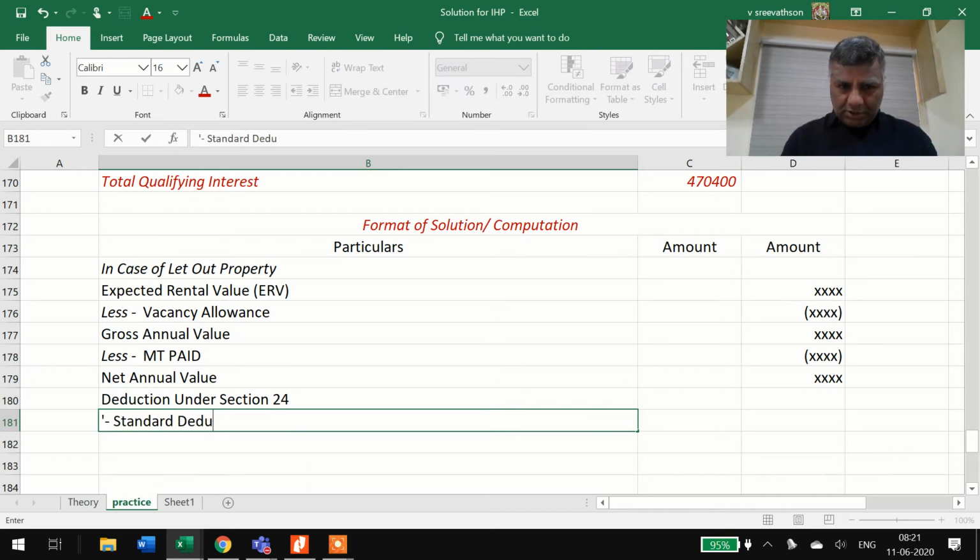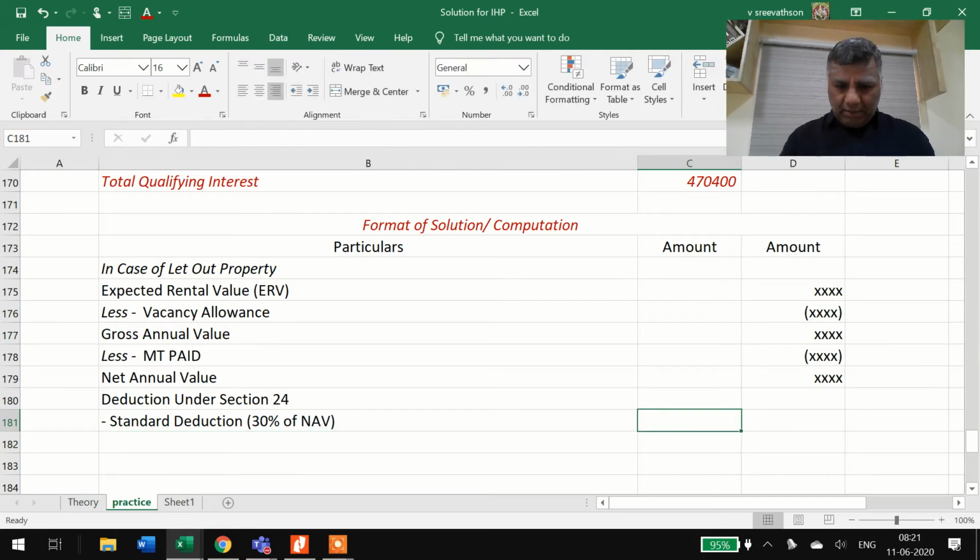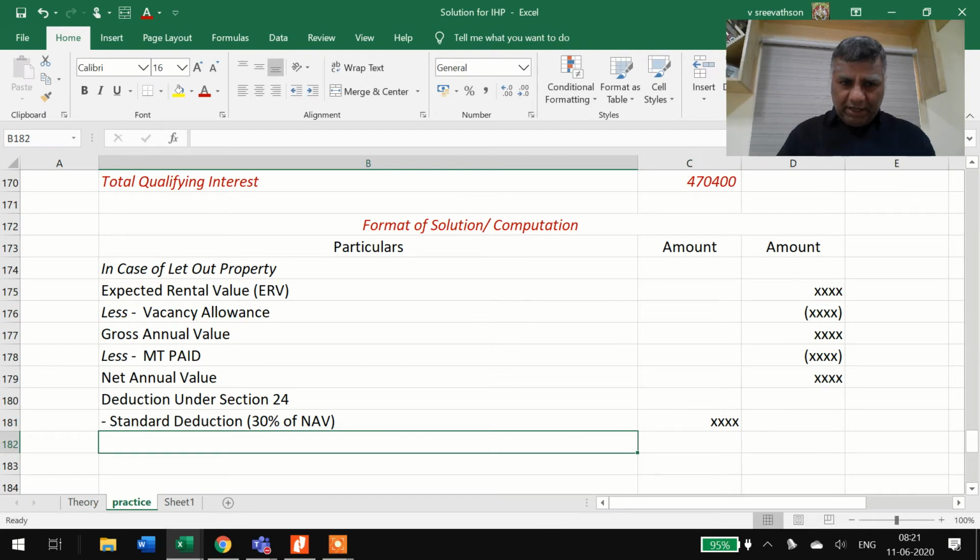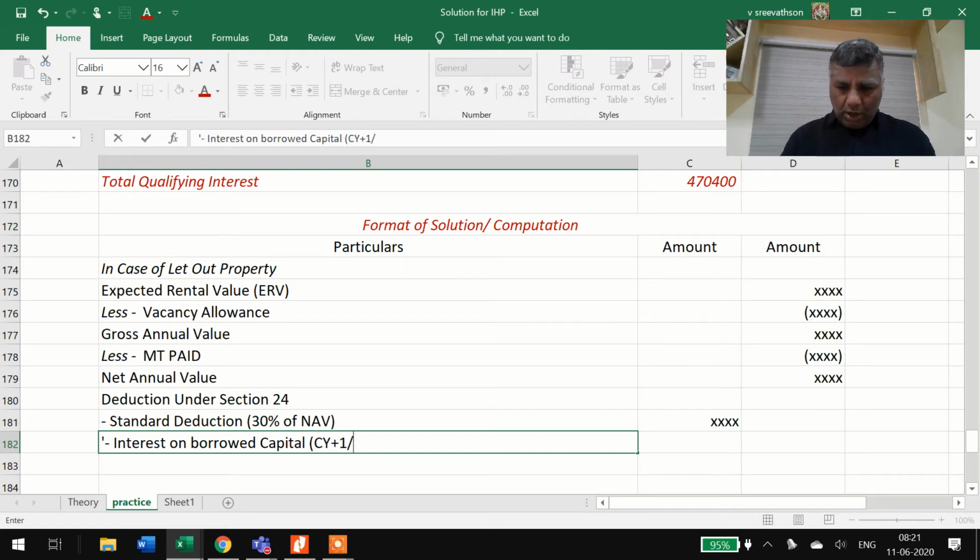Standard deduction, which is always 30% of NAV. You don't need any computation. When you get NAV, you get the standard deduction. Interest on borrowed capital, which can be current year plus 1/5 of PCP.